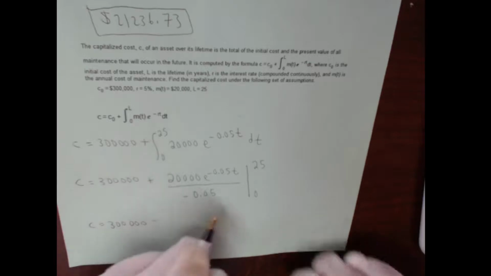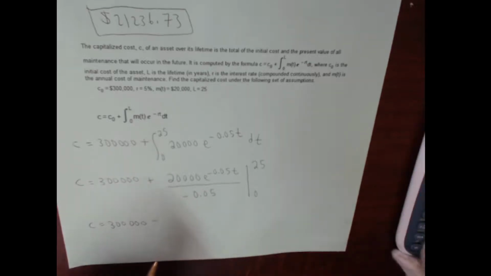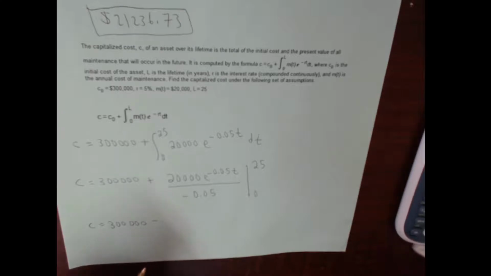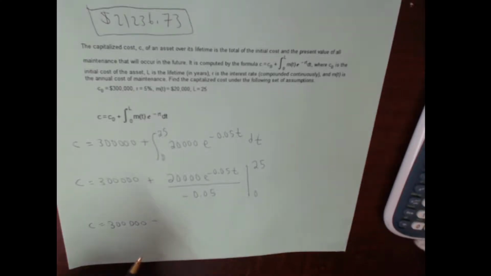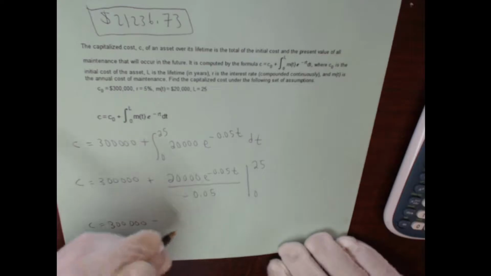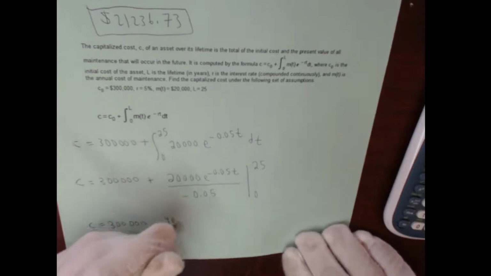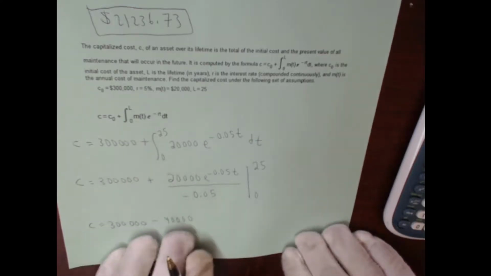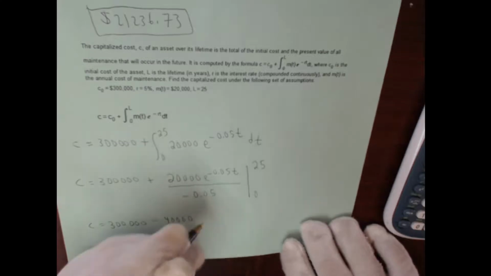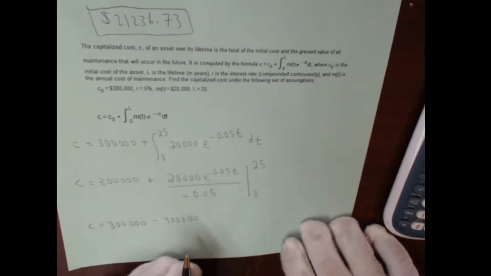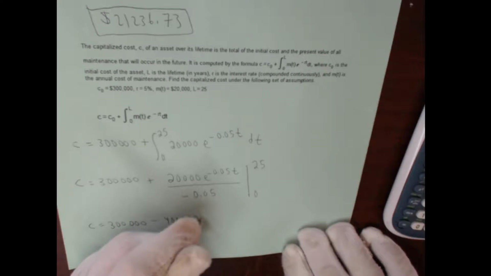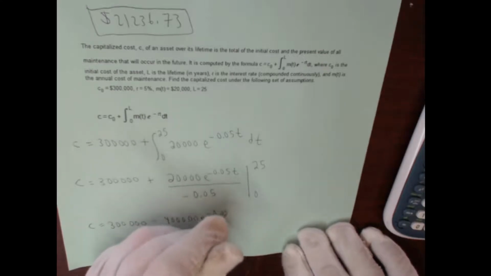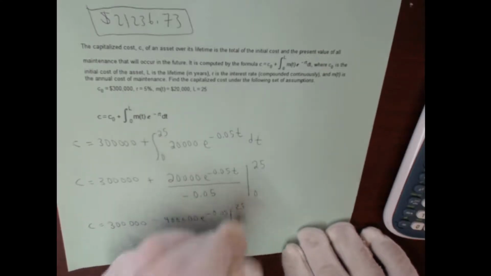This will be minus, let's do 20,000 divided by 0.05, which will be 400,000, so the amount actually goes up. Okay, so 300,000 minus 400,000, and that's going to be e to the negative 0.05t evaluated from 25 to 0.